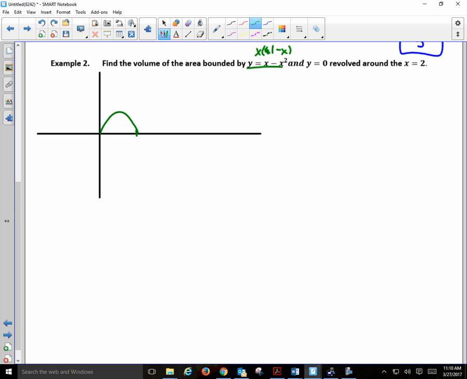Upside down parabola, its area is between x minus x squared, which is my function there, and y equals 0, which is the x-axis. What am I going to rotate it around? So this is different because I'm not rotating around the y-axis, and that's going to actually change our radius.